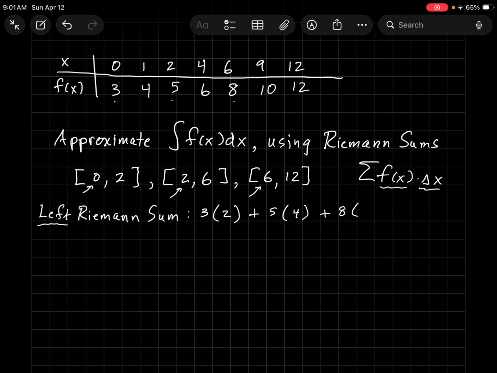And then we multiply it by delta x. Not x, but change in x right there. And if we were to put this all together, we get 6 plus 20 plus 48 equals 74.